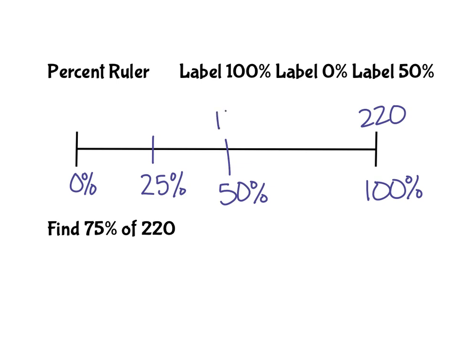Half of that is 110, and a half of 110 is 55. So if we need 75, it's like we're adding 25% plus 50%, and we'll add these to get 165.